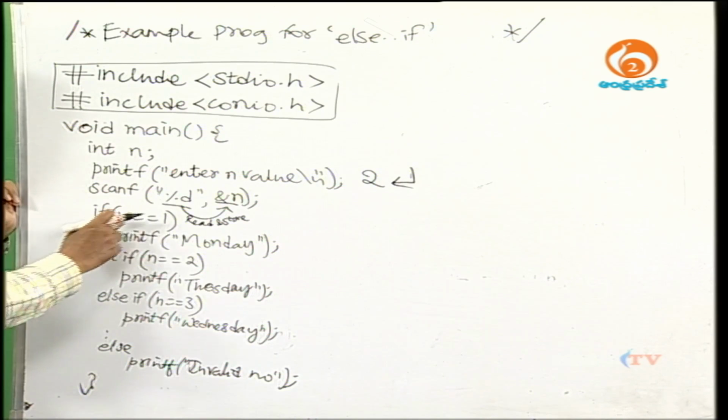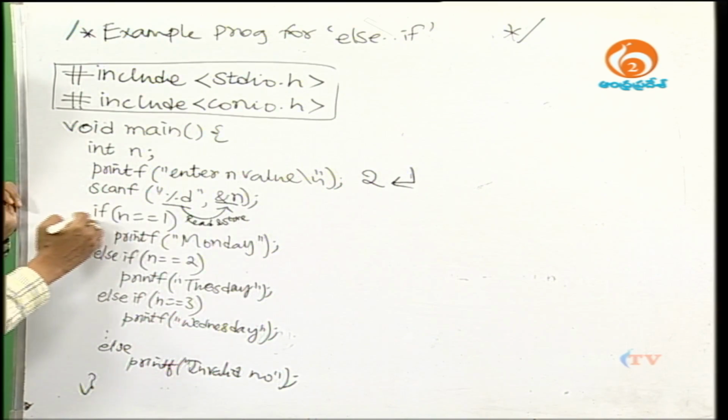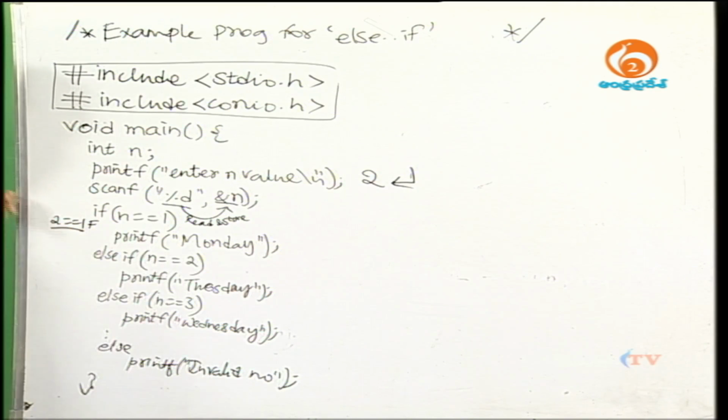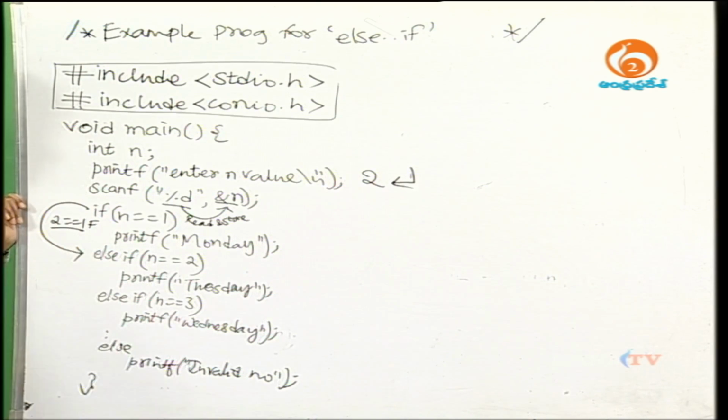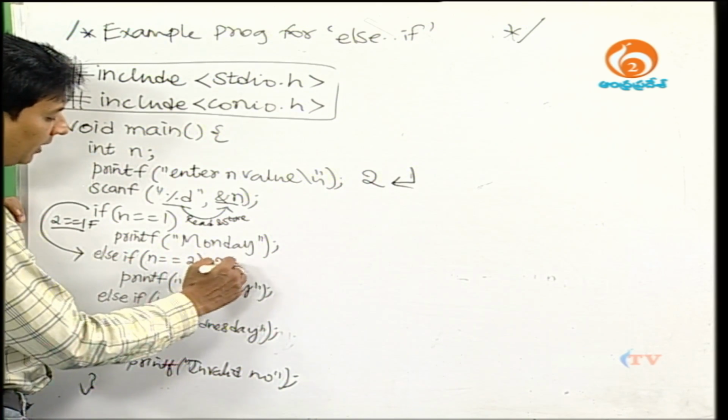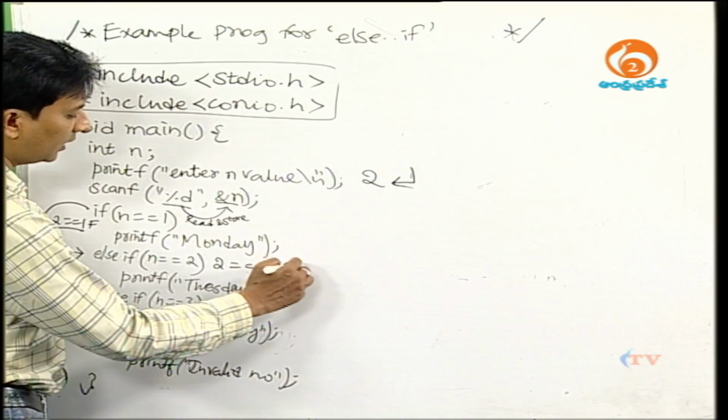Next, here checking the condition because of the if condition. If n means what here? N means 2. 2 double equal to 1, which is false. So the if condition is skipped, next control comes to else if n double equal to 2. N means 2, double equal to 2. Condition is true.